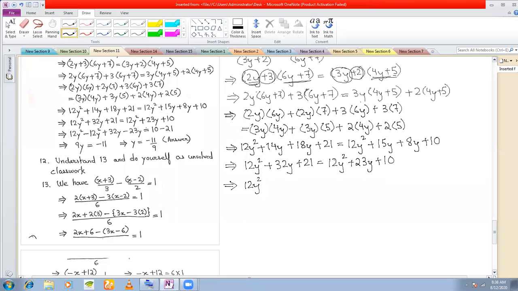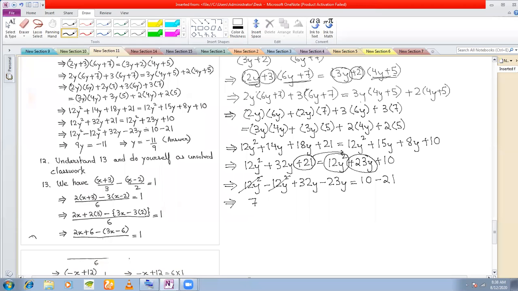This plus 12y square when brought to the left hand side becomes minus 12y square, plus 32y remains as it is, plus 23y when brought to the other side becomes minus 23y. And you keep the constants on the other side. So 10 is on the right hand side, so 10 remains as it is. This plus 21, we are moving from this side to this side. It becomes minus 21. So now what happens? This cancels. 32 minus 23 becomes your 9.